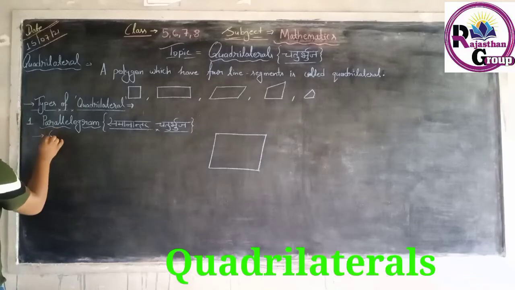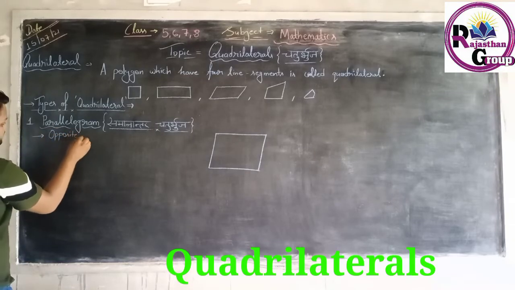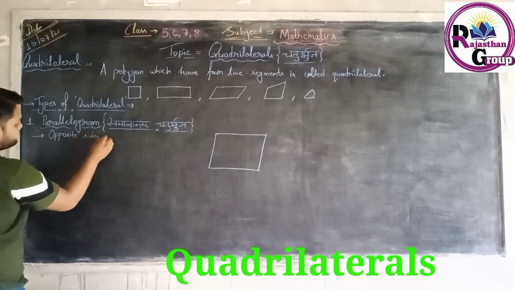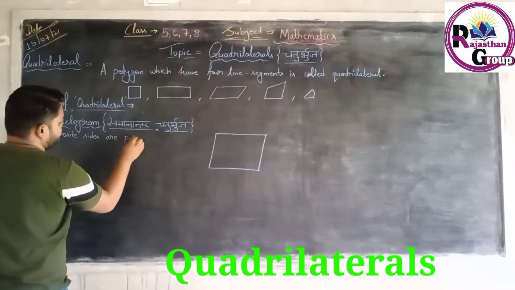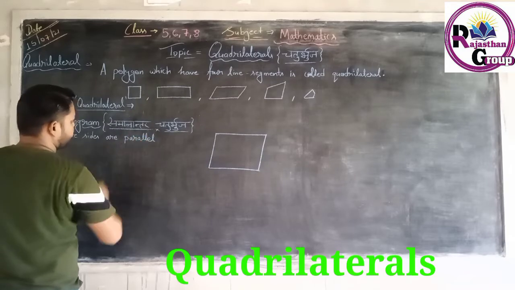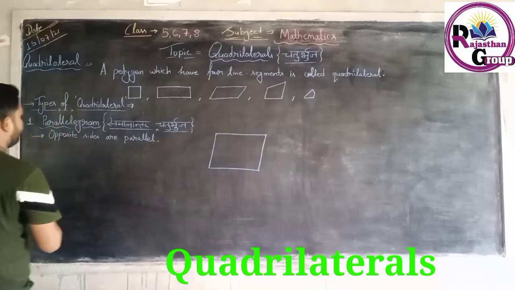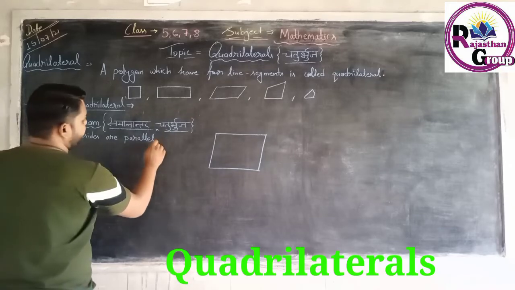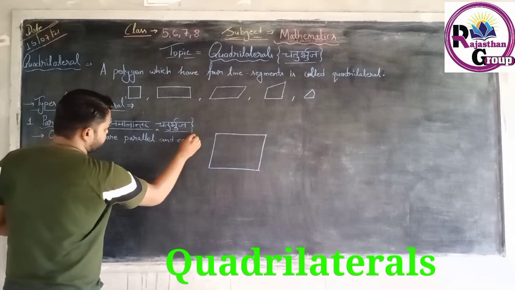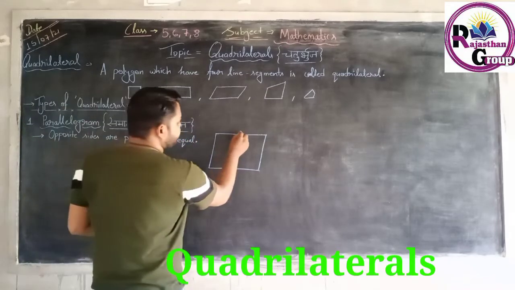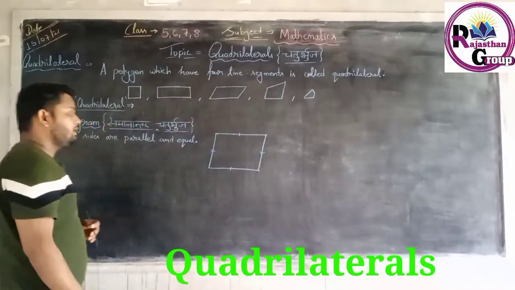First point: opposite sides are parallel and equal. The opposite sides are parallel and equal. Okay. Next one.